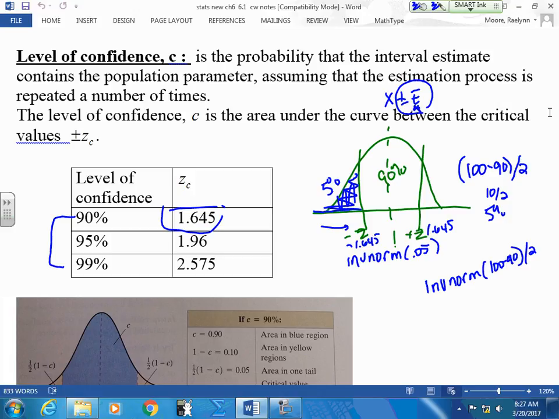If you use 2, is it going to count against you? No. But you'll see me use the 1.645, and you kind of saw me use it already. That's a common one. The 1.96 is common. And the 99, in certain fields like medical, you usually want to be 99% confident that something is the way you say it's going to be.